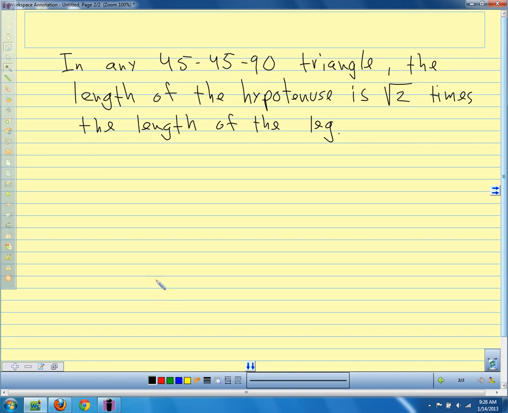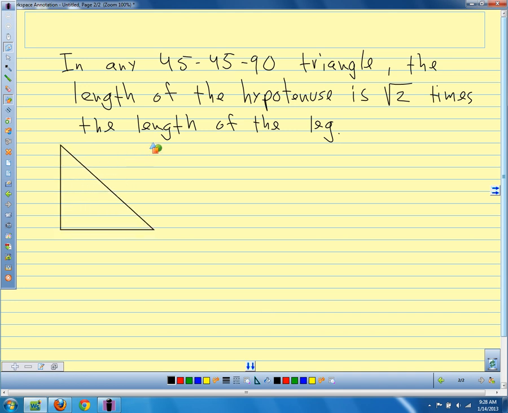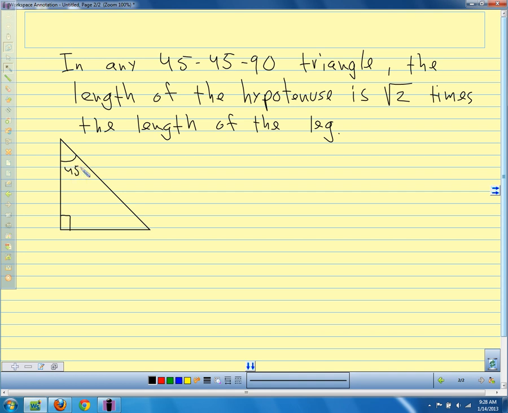And let's label our picture. So our picture that's in our flip book looks like, I'm not sure which direction your triangle goes, but I'll just draw mine this way. So that's my 90 degree angle. Each of those is 45 degrees.